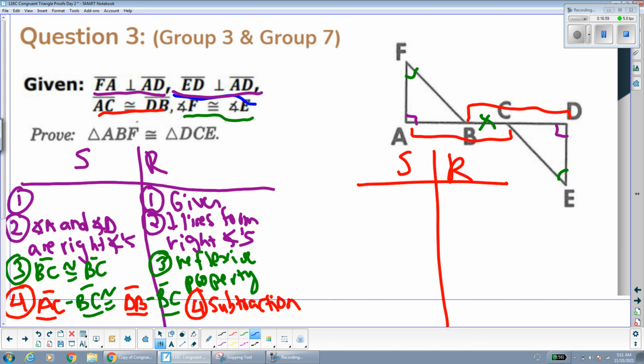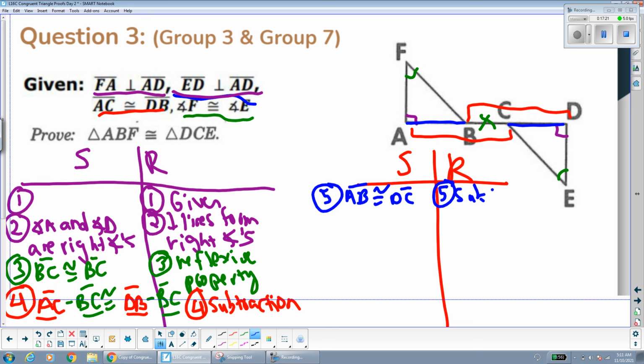If we take AC and subtract off BC, we're left with AB, which is the side of the triangle that we were interested in. And if we take DB and subtract off BC, we're left over with DC, which is the side of the other triangle that we were interested in.